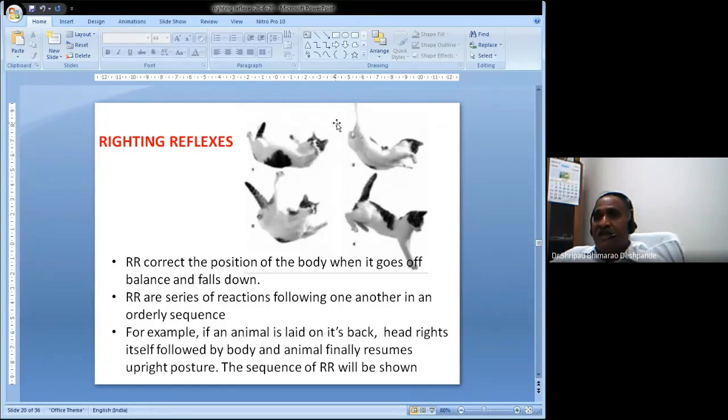The animal is laid on its back. The head rights itself: the head has tilted and made the movement. Then the body, then it will take the posture, then grounding. This sequence of righting reflexes will be shown in further slides.